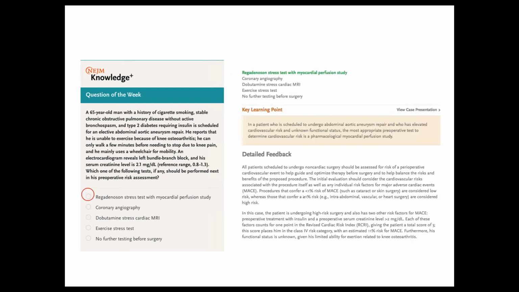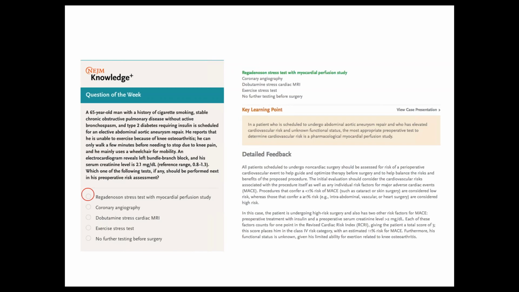And these people want to subject him to elective aortic aneurysm repair. Well, they should have read the paper in the New England Journal this week where the endovascular treatment is associated with a lot less morbidity and has the same end result 14 years later. So I would have picked no further testing before surgery, but that's not what the pundits say.